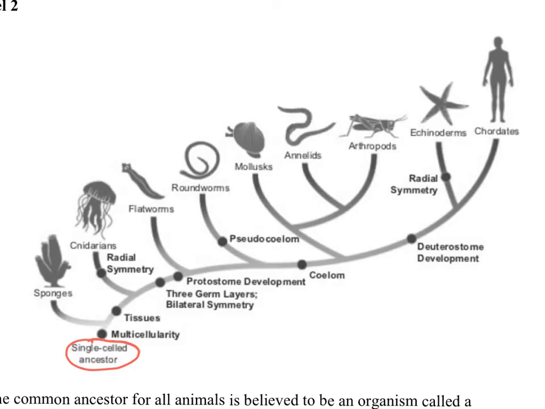Number 11. What are 3 physical characteristics we can use to create phylogenetic trees of animals in the tree above? So you're going to look at any of the derived characteristics such as multicellularity, the arisal of tissues, the 3 germ layers and bilateral symmetry, the development of the protostome, the coelom, the deuterostome development.